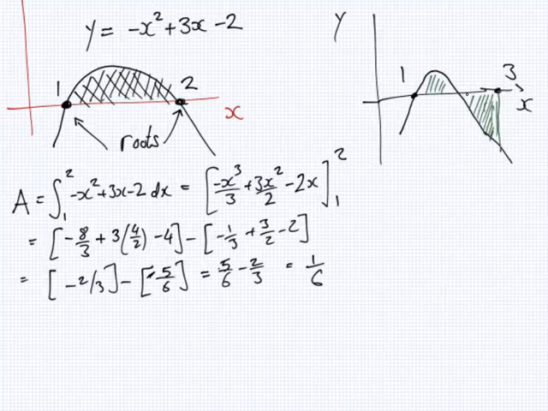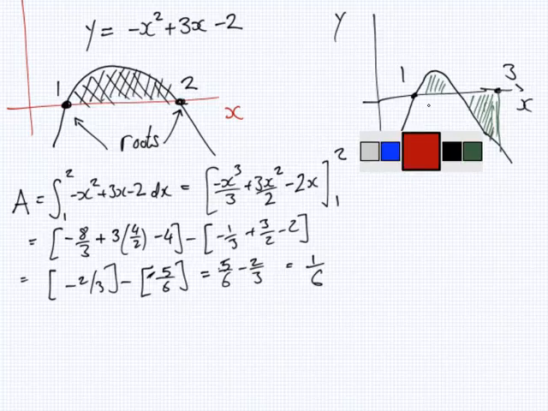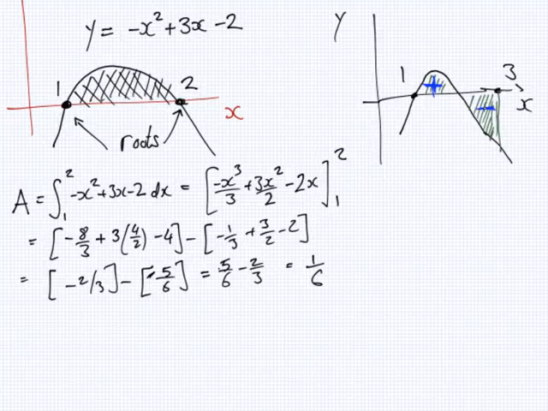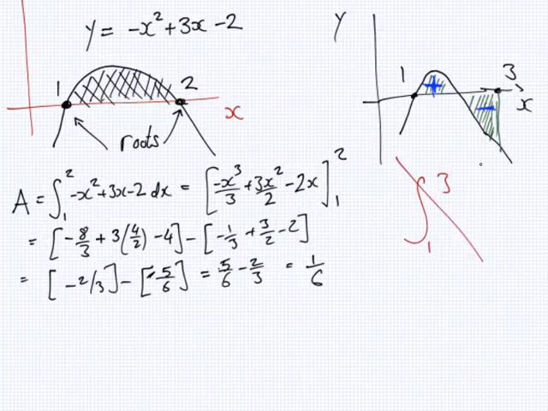The formula I gave you doesn't work if you mix above and below the graph. This region is positive and this region is negative, and we cannot do this. It is not 1 to 3. What you must do is break this into 2 halves.